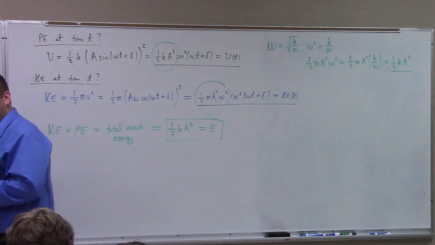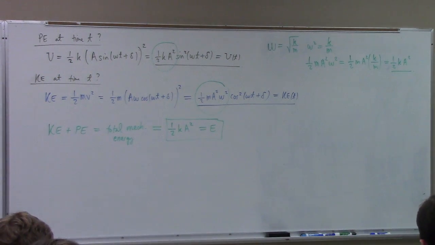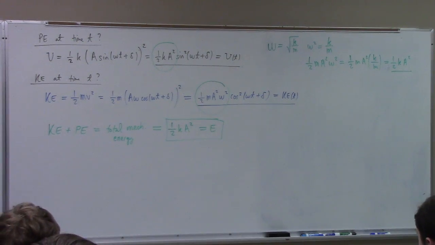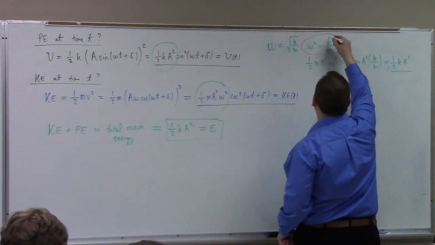What else is it, though? That's the energy in terms of the spring constant and its amplitude. Can you tell me what the energy is in terms of its spring constant, perhaps, and its angular velocity? Its angular speed, its omega. K is equal to what? I can solve that.